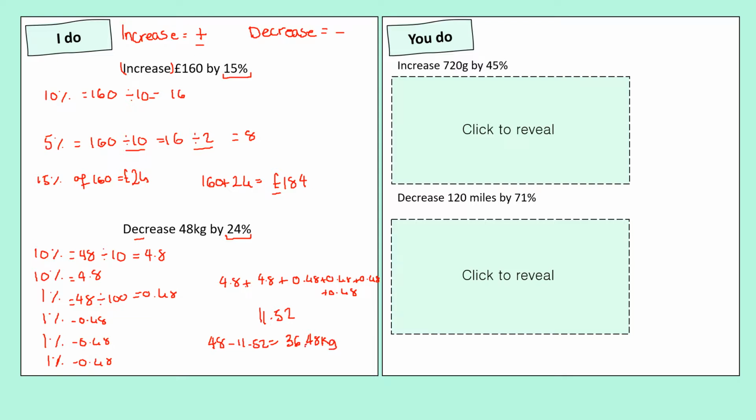Okay, what I'd like you to do is pause this video and have a go at the two questions on this side: increasing 720 grams by 45% and then decreasing 120 miles by 71%.